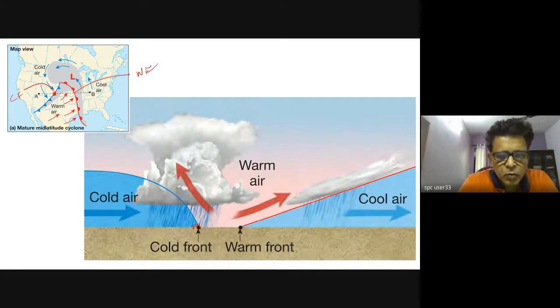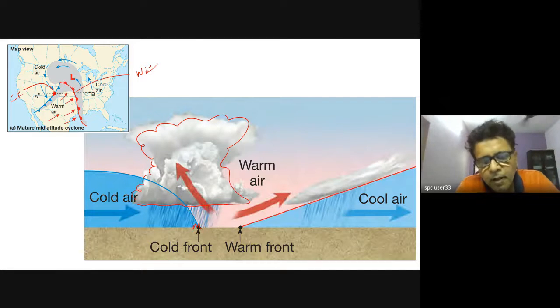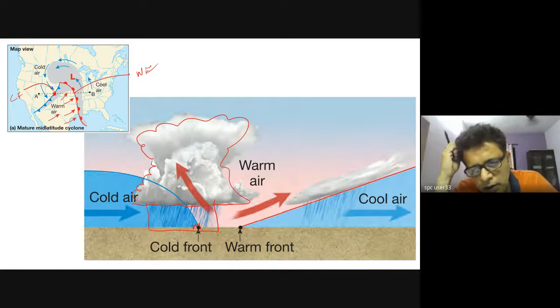Now the cold air is going to push into the warm air, and it's going to push it up. In this process, this is conditional instability, if you remember what we had done a few days ago. Condensation will take place, and this will lead to a lot of rainfall in this particular region.